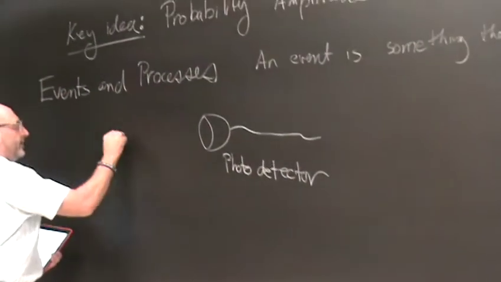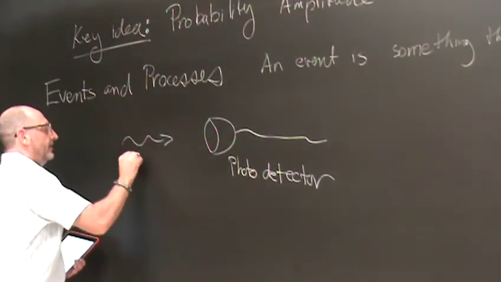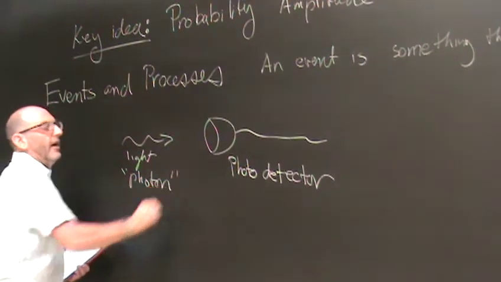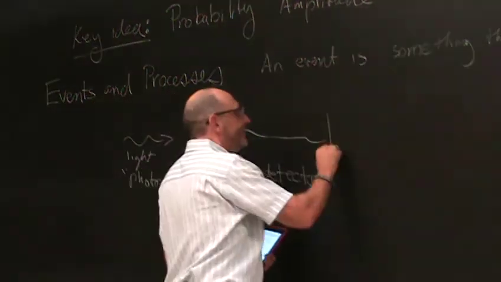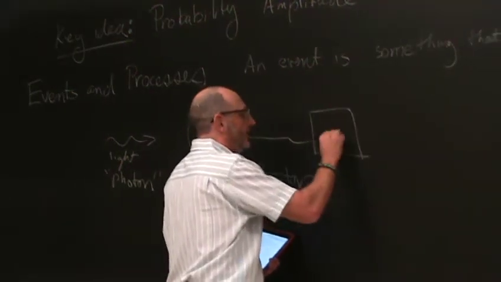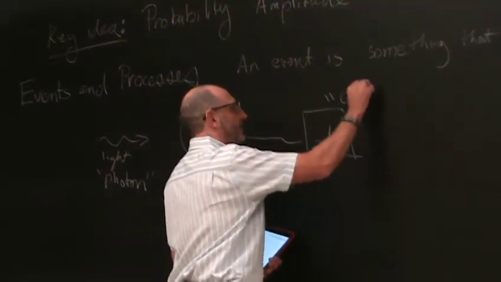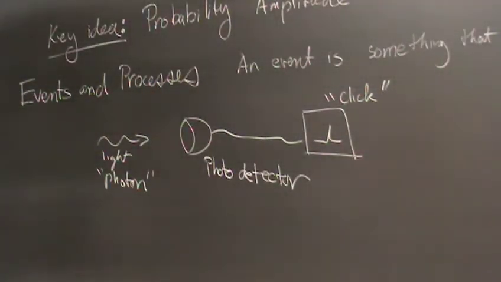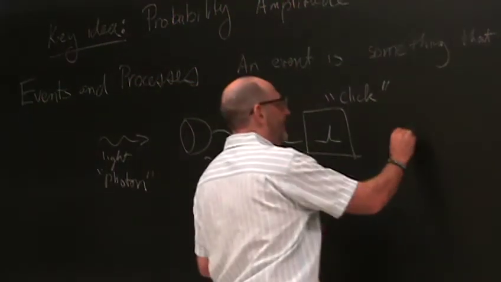And I have some light field, photons impinging on this detector, and this detector is in some kind of Geiger mode, and it goes click when a photon is detected, okay? This is our event.